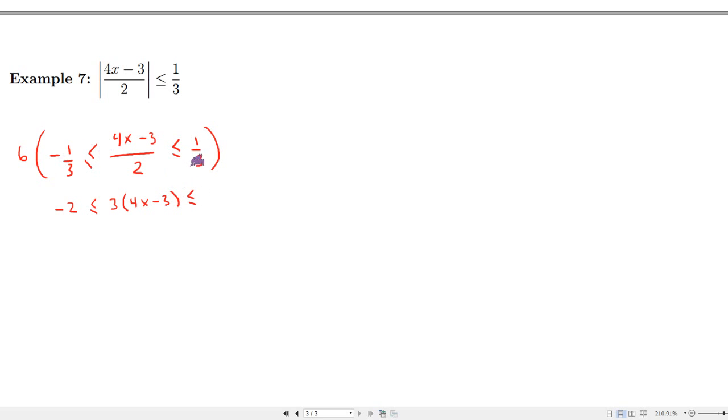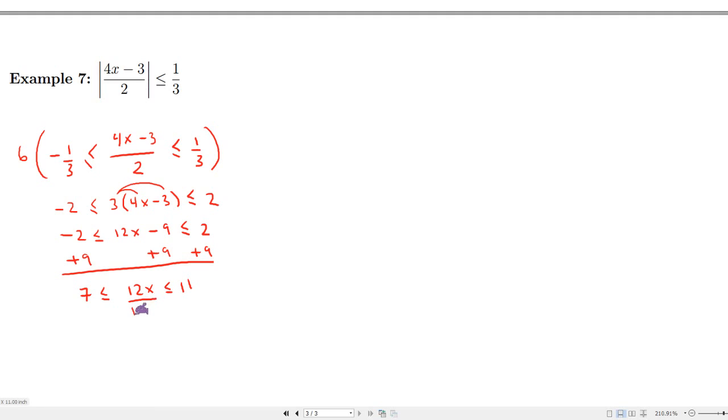And then 6 times 1/3 is 2. So then we will have negative 2 less than or equal to, now distributing in the 3, we have 12x minus 9 less than or equal to 2. Now we'll have to add 9 to all parts of this so we can isolate that 12x. So we'll have 7 less than or equal to 12x less than or equal to 11.